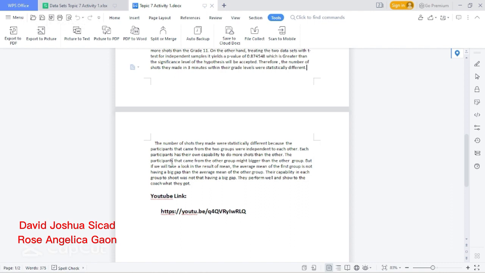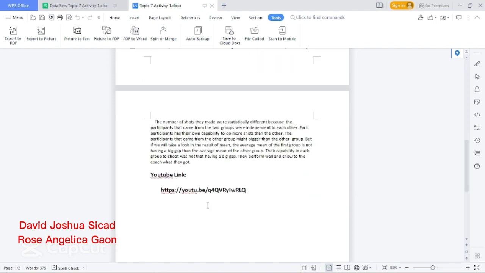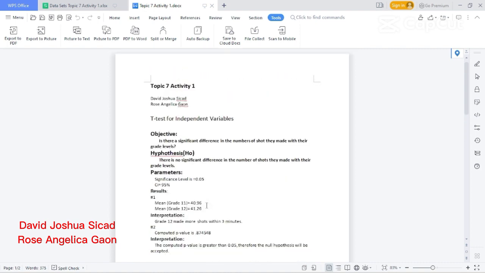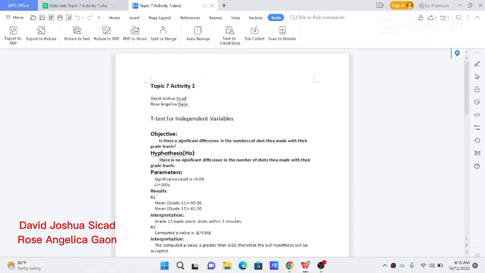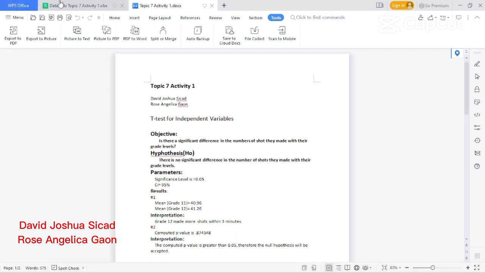But if we look at the means, the average of the first group does not have a big gap from the average of the other group. Their capability to shoot in each group was not that different. They performed well and showed the coach what they got. So these are our results for the t-test of these datasets.